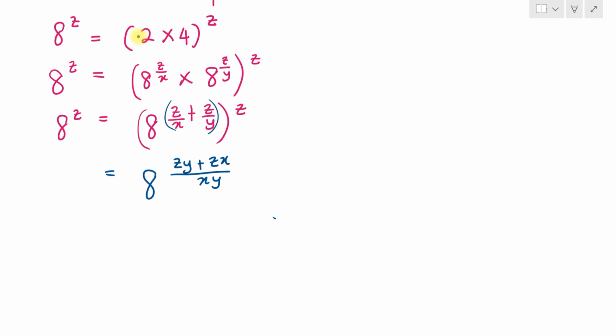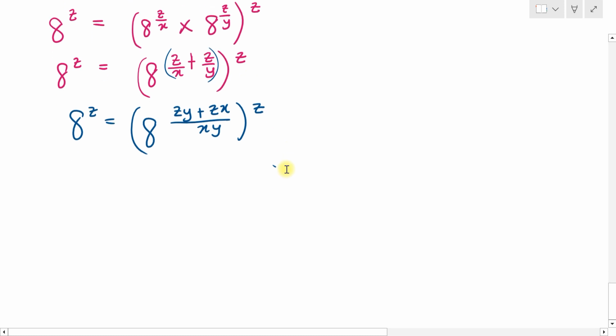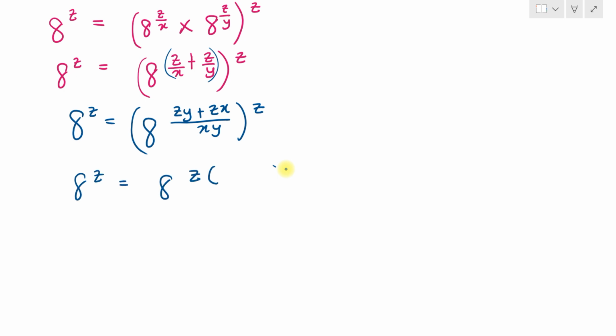I make this as a single fraction. zy plus zx over xy. And then remember, you need to multiply by z also. Okay, right. So multiply z, what do you get? I don't want to expand, I just put like this first.